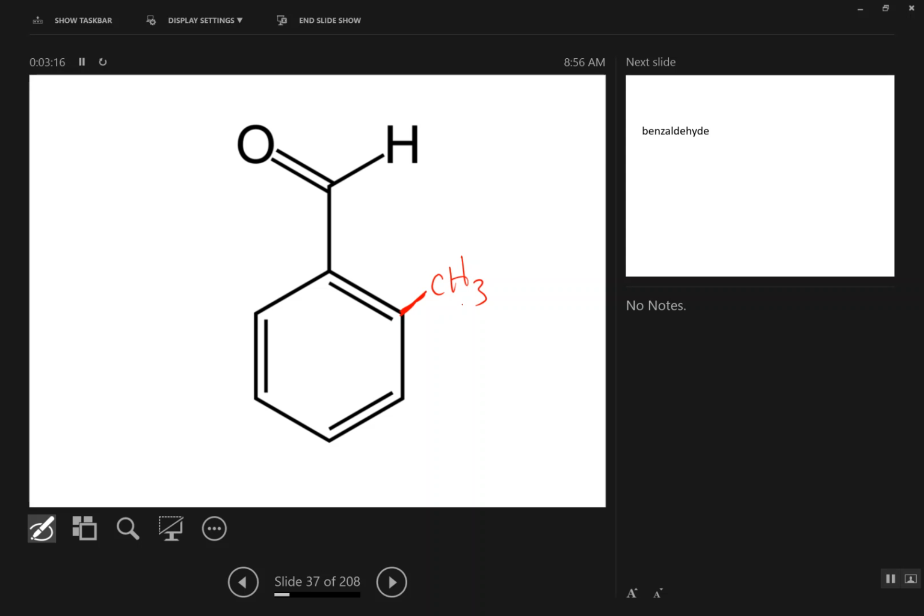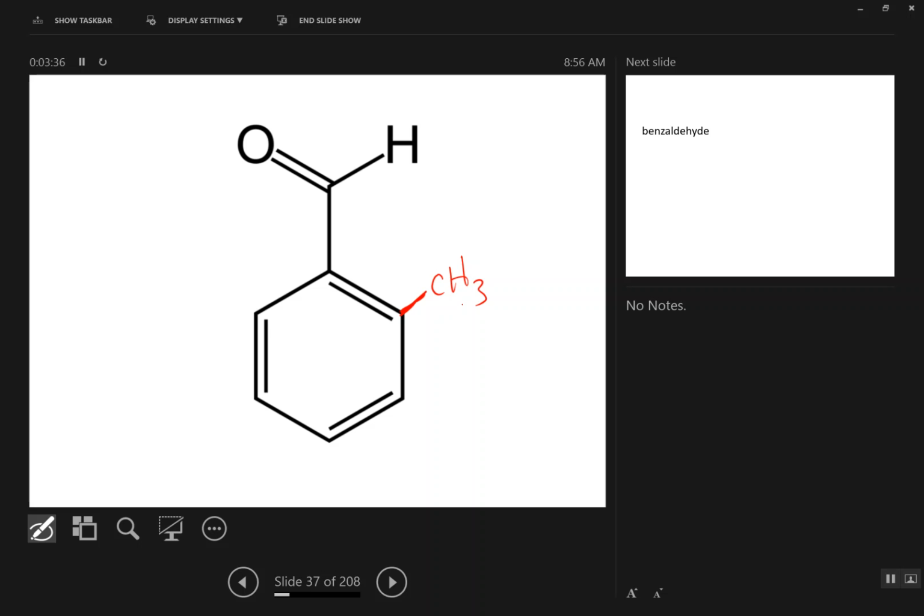Okay, M is right here. Para is right here, P. O is 1 and 2. Ortho. O is 1 and 2, right? That's right.